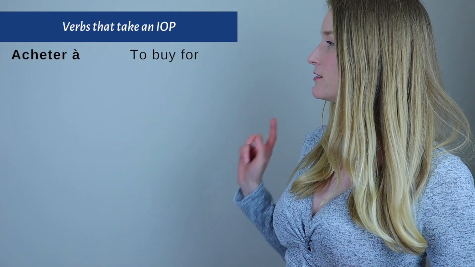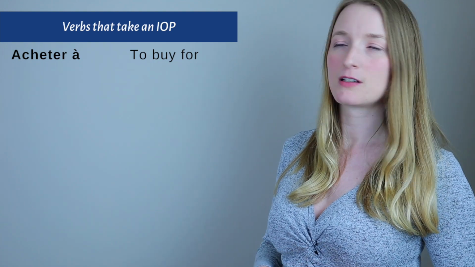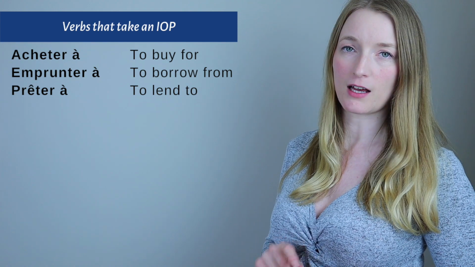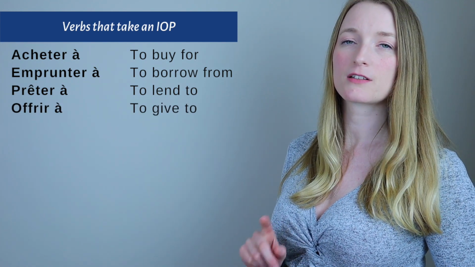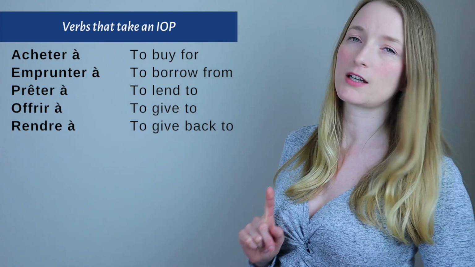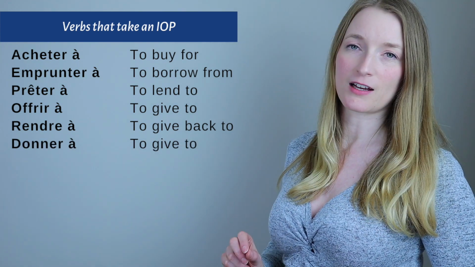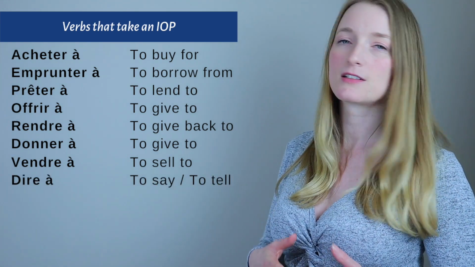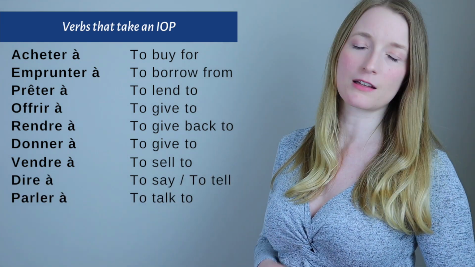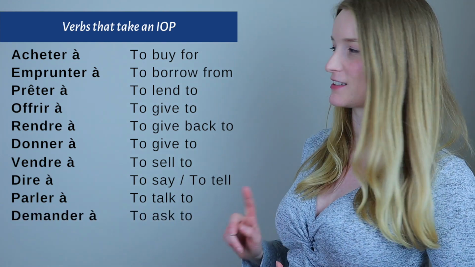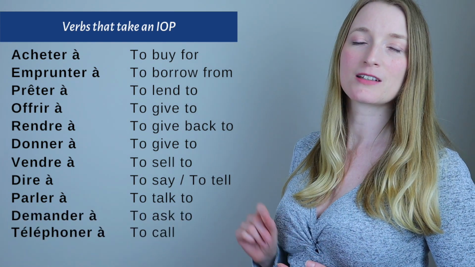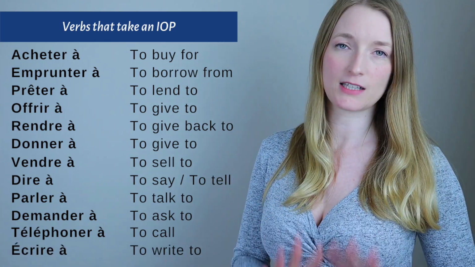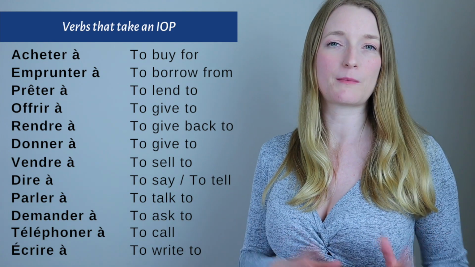The first one, acheter à, emprunter à, prêter à, offrir à, rendre à, donner à, vendre à, dire à, parler à, demander à, téléphoner à, and écrire à. Like I said, it's only a sample. There are way more than that.